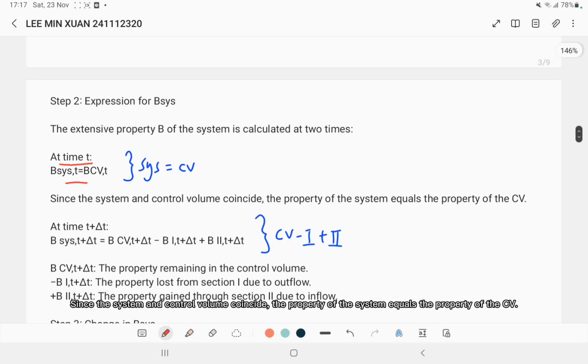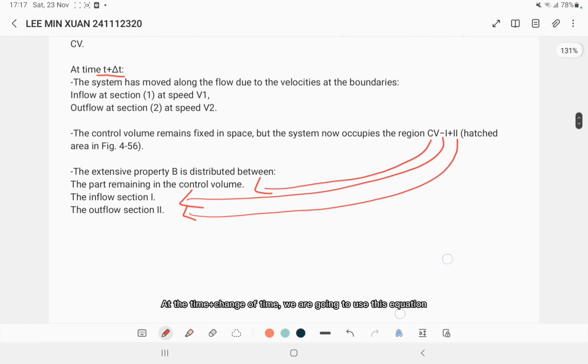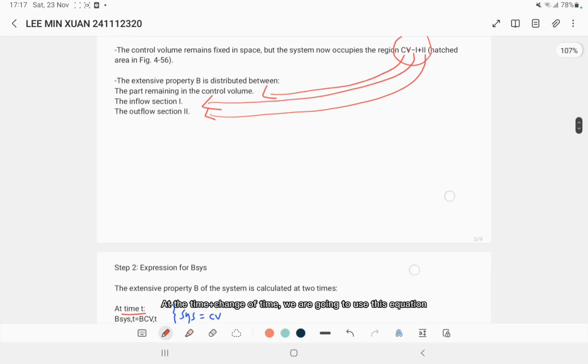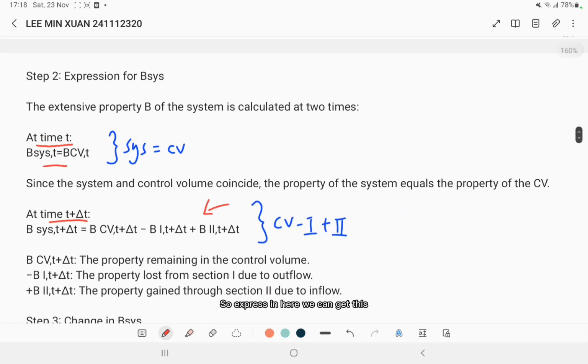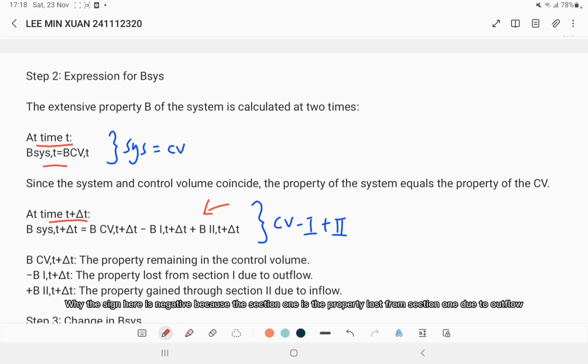Since the system and control volume coincide, the property of the system equals the property of the control volume. While at time t plus change of time, we are going to use these equations. Expressed in here, we can get this. Okay, why is the sign here negative?